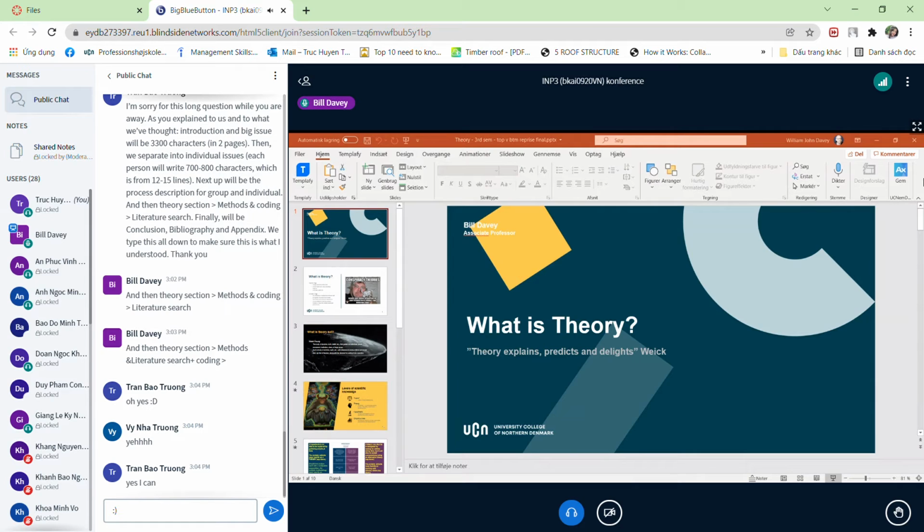So if we take as an example Darwin's theory of evolution, some people say, well, it doesn't work. And some people say, yes, it does.